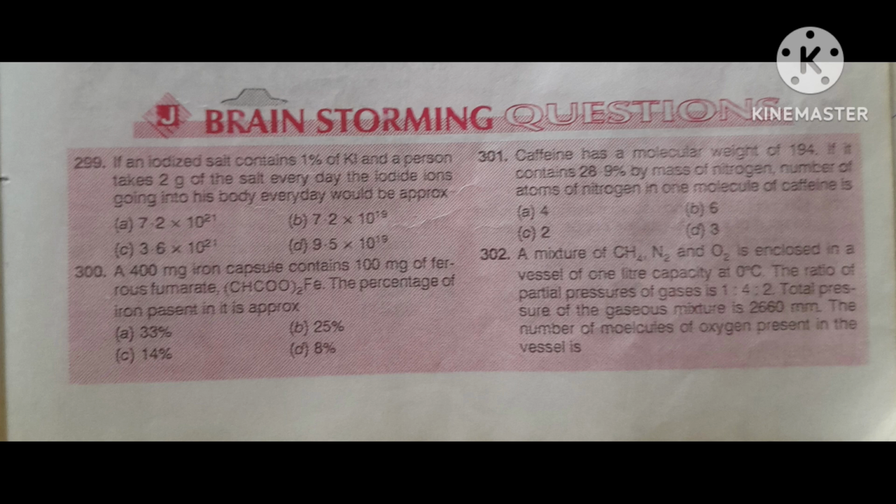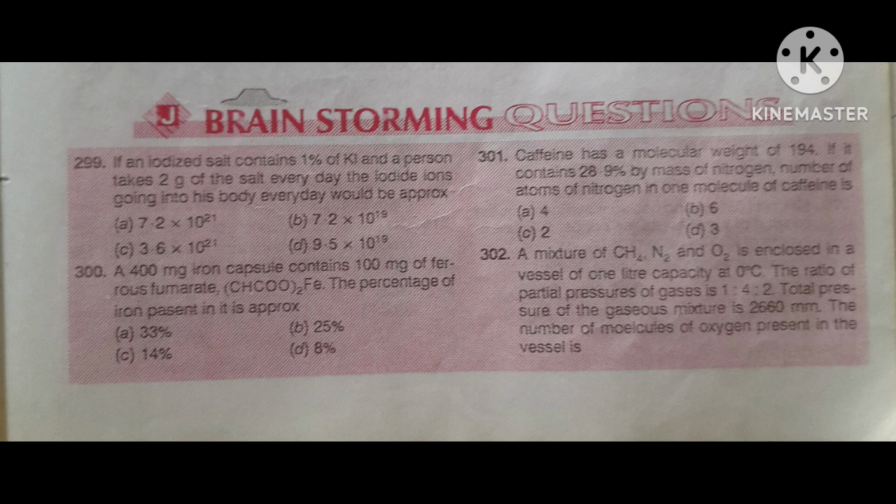After adding all: C 12 plus H 1 is 13, again C is there, 12, so 25, plus 2 oxygens, 16 into 2, 32. Add all, and since it is whole squared, you multiply by 2. And then Fe, add 56. Total it will become 170.